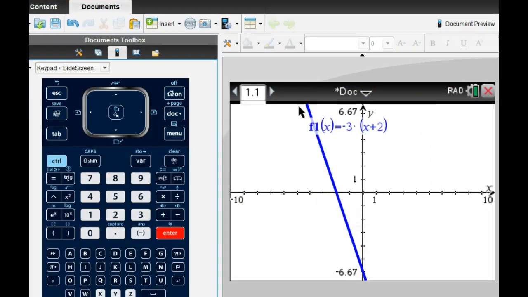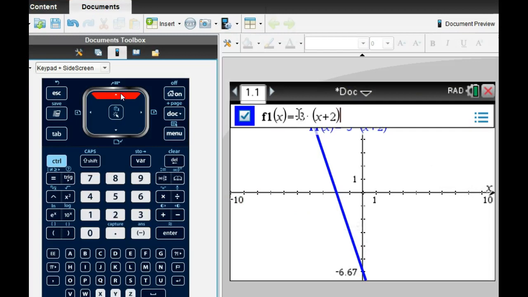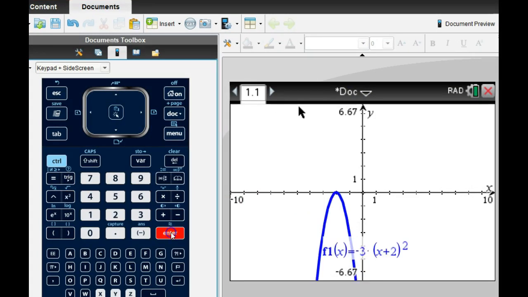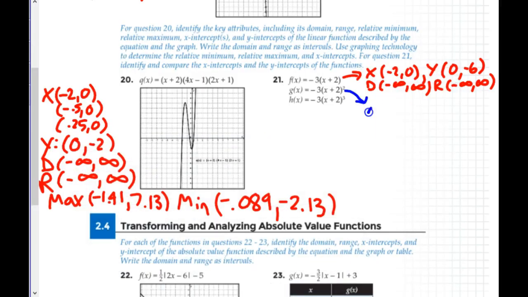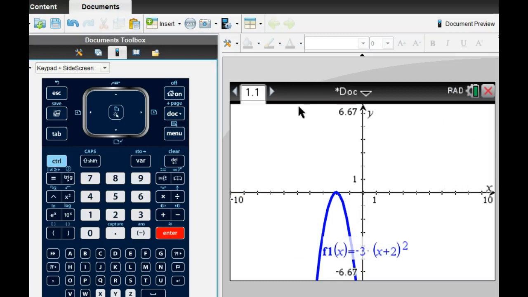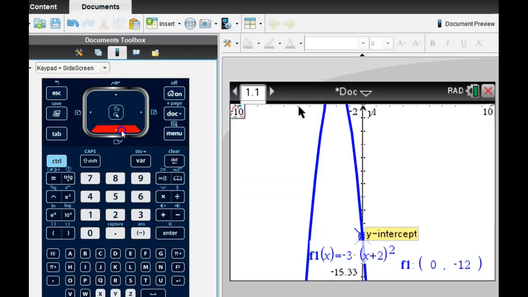Alright, so let's take this tab, go back up, square that. (-2, 0), that's the x-intercept, and the max. And then menu 5, 1, where is that y-intercept? (0, -12).